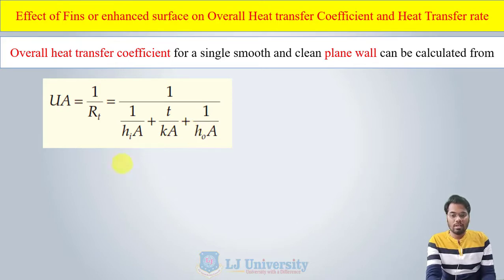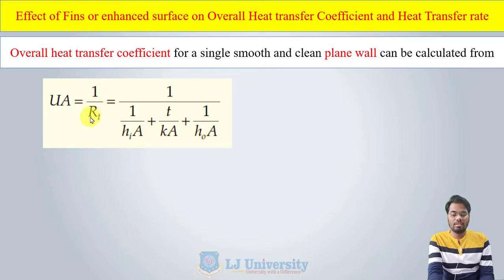So this is the overall thermal resistance for the plane wall, where first there is convection from the hot fluid to the first surface of the wall, then conduction from the first surface to the second surface of the wall, and at last convection between the second surface and the environmental fluid or cold fluid. So these are the three resistances: convection, conduction and convection.